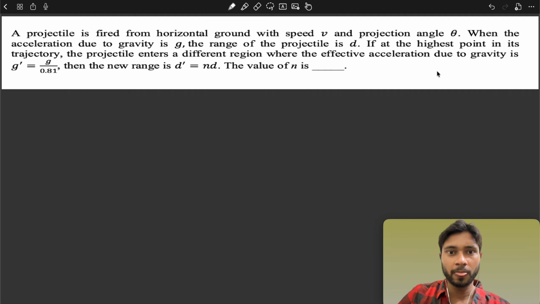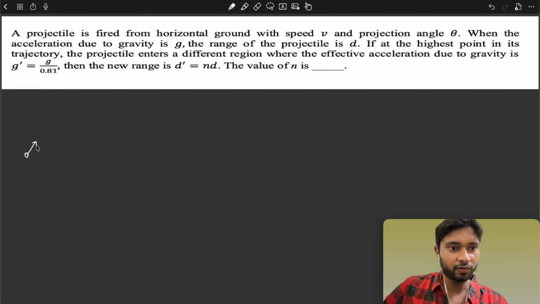So it is given that there is a projectile. If we throw it with velocity v at an angle theta, it gives us the range d.